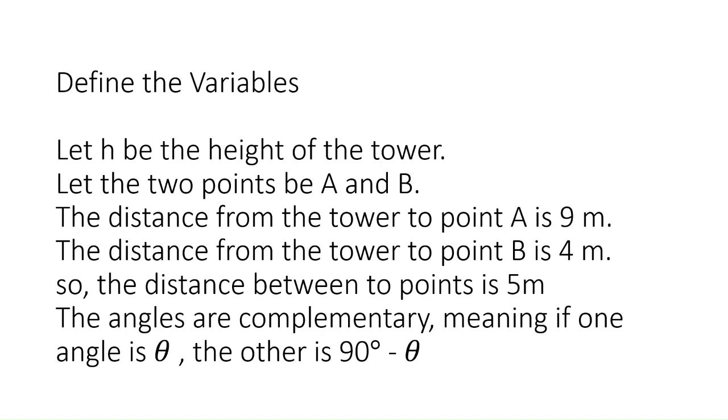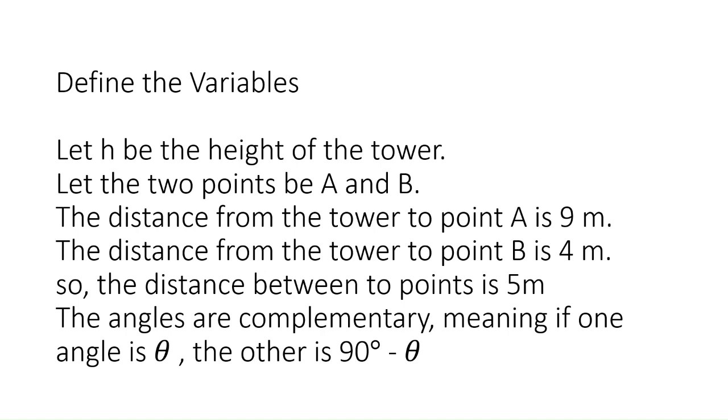And here the point is given that the angles of elevation are complementary. What is the meaning of complementary? When two angles are complementary, their sum is equal to 90. That means when we add the two angles of elevation, it should be equal to 90. So let us take the angles of elevation as theta and 90 minus theta.